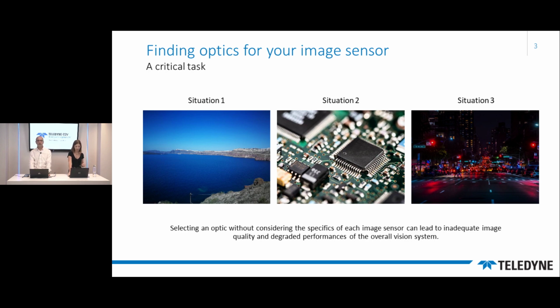I took three different examples, three different situations that you can see here. In these three situations, something went wrong, something that we can directly link to the specificities of some image sensors that are not being considered. In the left situation, you see a landscape with shadows in the corners.